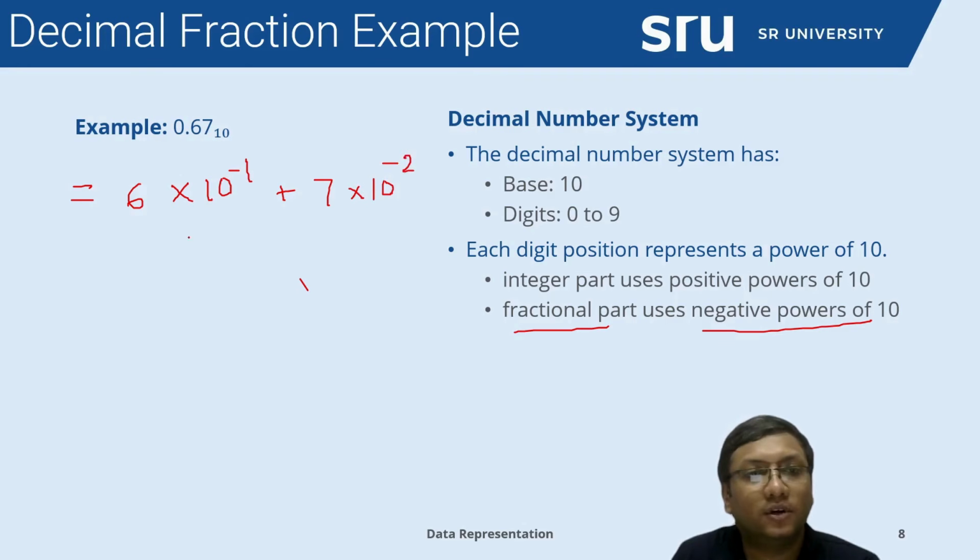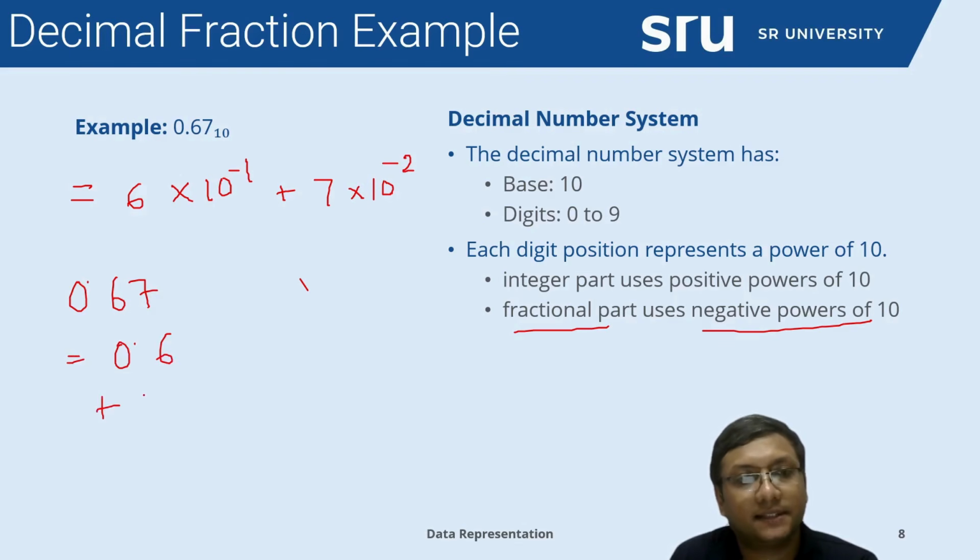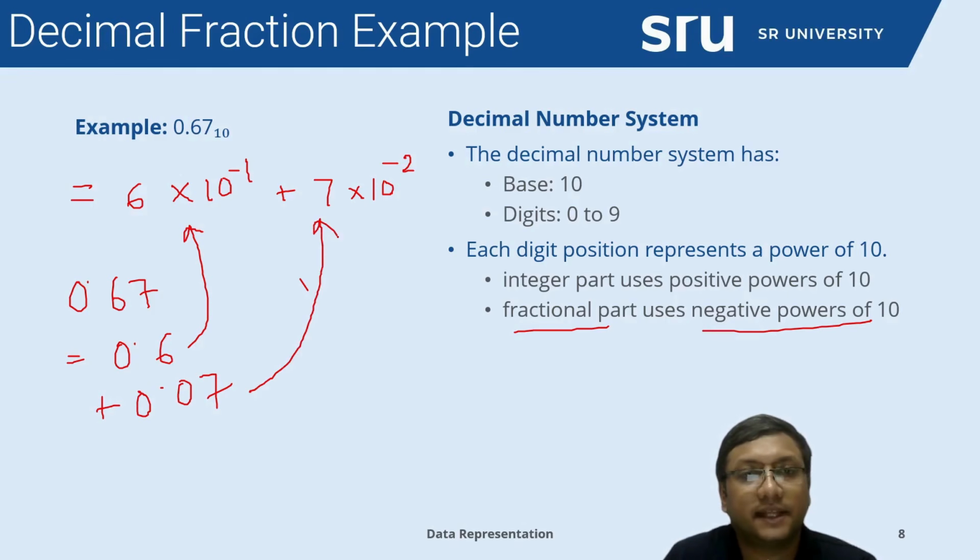Why is it so? Because 0.67 means 0.6 plus 0.07. So 0.6 means 6 into 10 to the power minus 1, and 0.07 means 7 into 10 to the power minus 2. So for decimal fractions, the fraction part uses negative powers of 10.